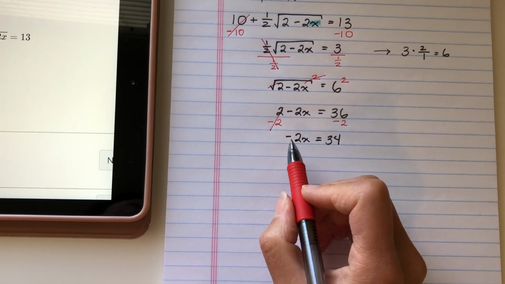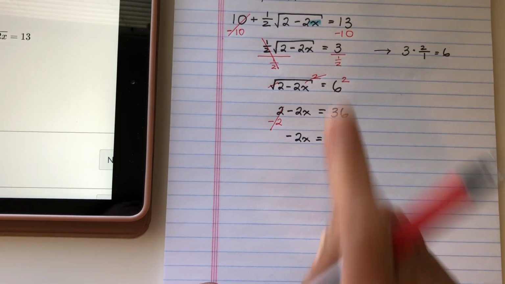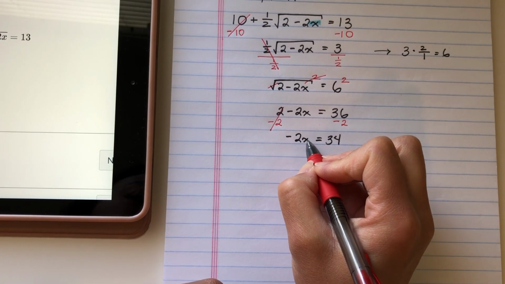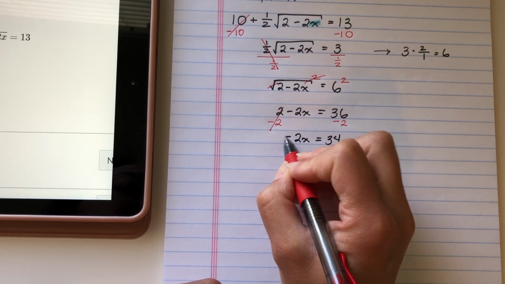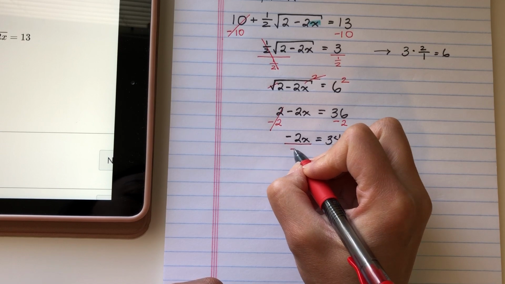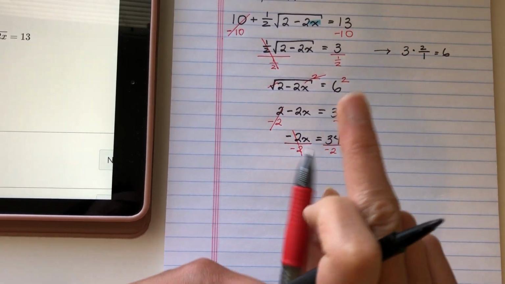Last but not least, a lot of people are tempted to add 2 to get rid of that, and that is incorrect. What you have to do is ask what is happening to the x. Well, the x is being multiplied by -2. So I have to do the opposite of the multiplication, which is division. What you do to one side, you do to the other.